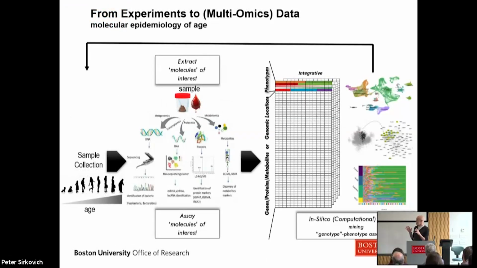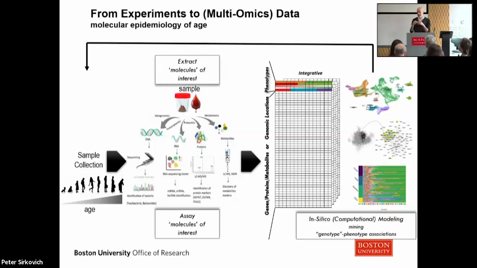So here is, in a nutshell and highly simplified, how most of our aging studies are designed. Basically, we start with sample collection, biospecimens, blood and stool samples from individuals spanning a wide range of ages, including long-lived individuals, centenarians, supercentenarians.